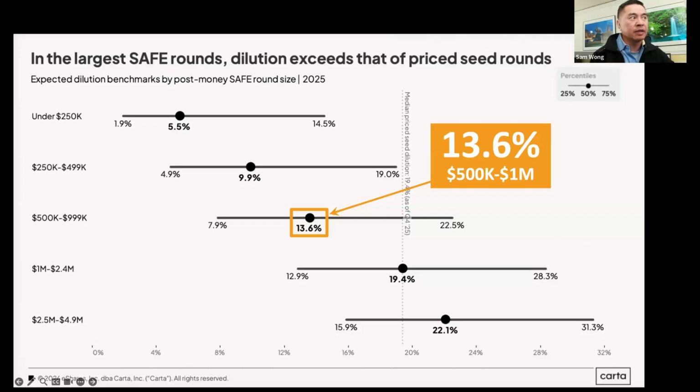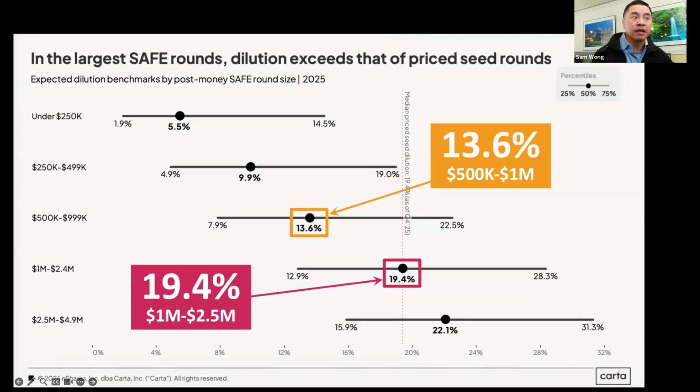If you're raising between 500,000 and $1 million, Carta says the median dilution is 13.6%. But because safe rounds are getting larger and larger, at the next tier up, a 1 million to 2.5 million raise, the dilution jumps to 19.4% for the median.